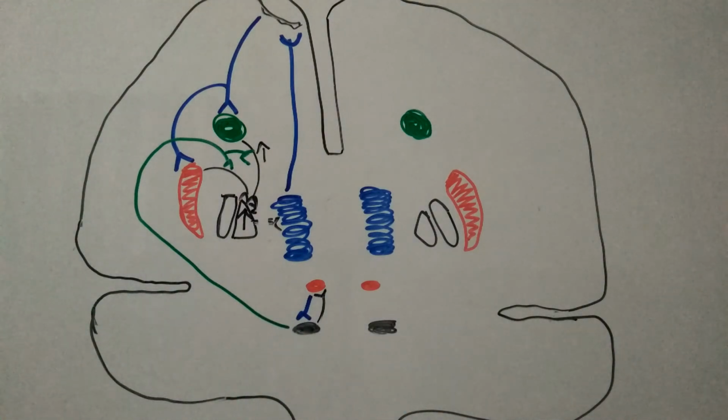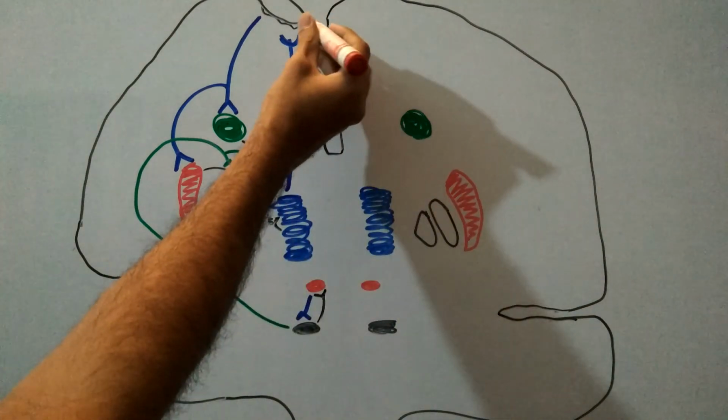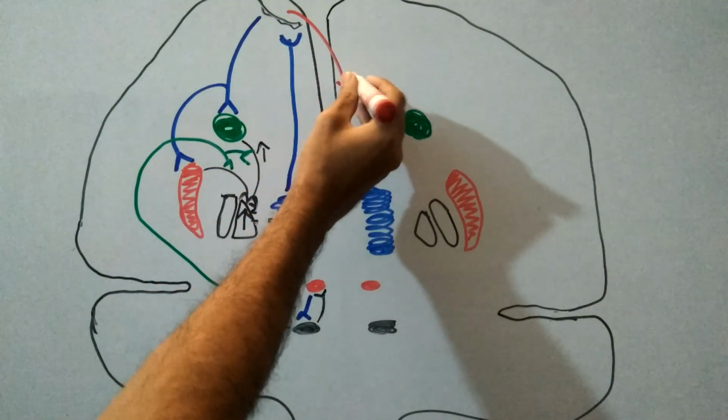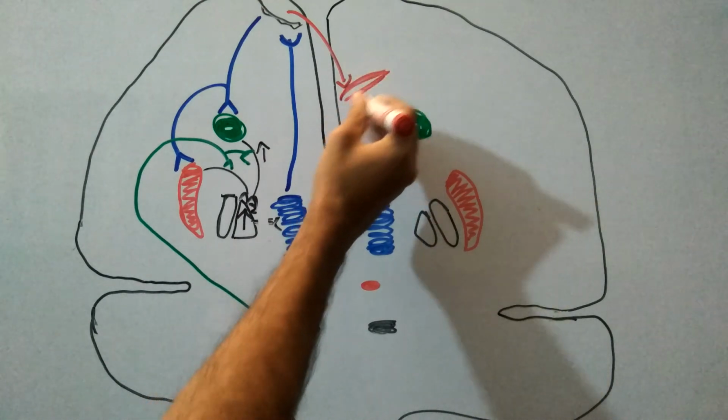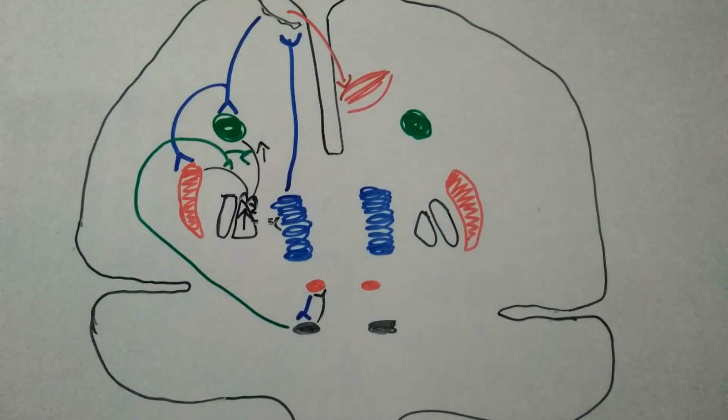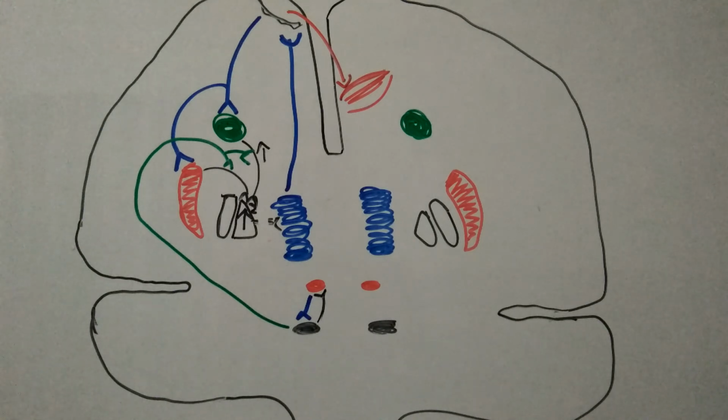This is called the direct pathway, and it is exciting the motor cortex by releasing the thalamus from inhibition. And when the motor cortex is excited, it results in movement and contraction of muscles. So these are the connections of the direct pathway, and that's all about it. Thank you.